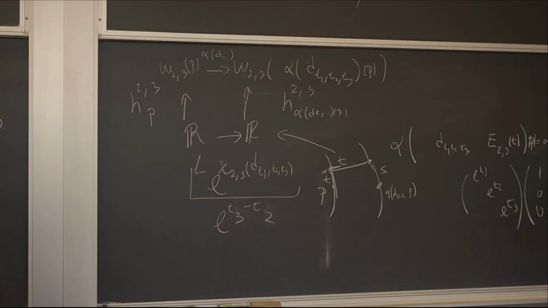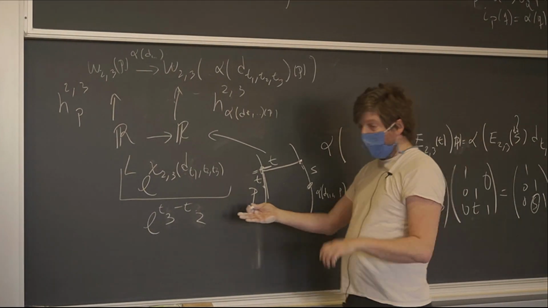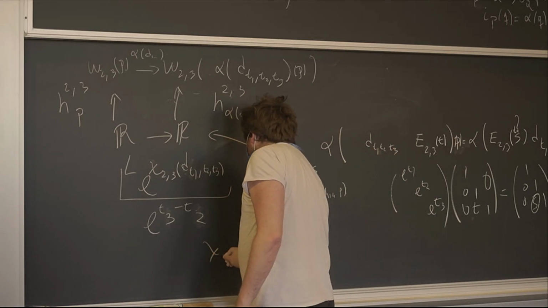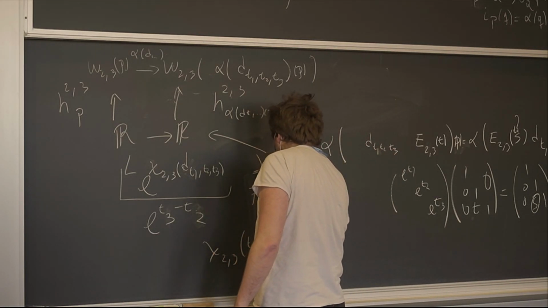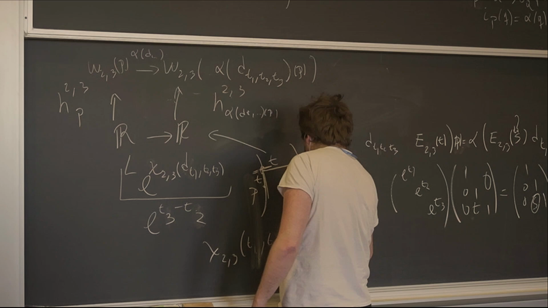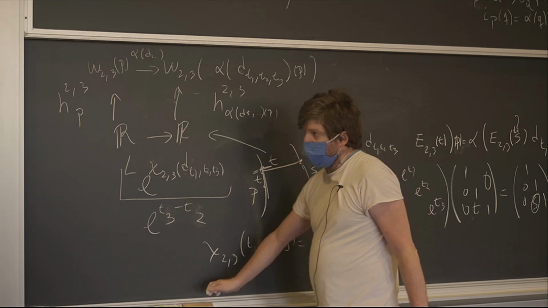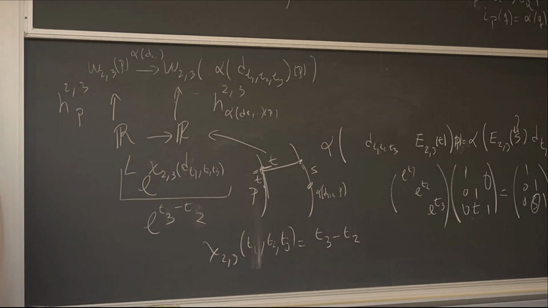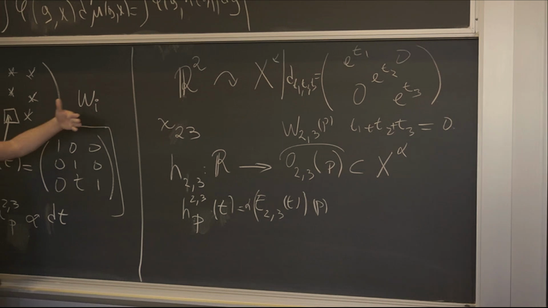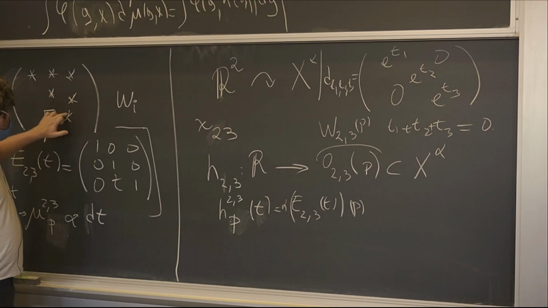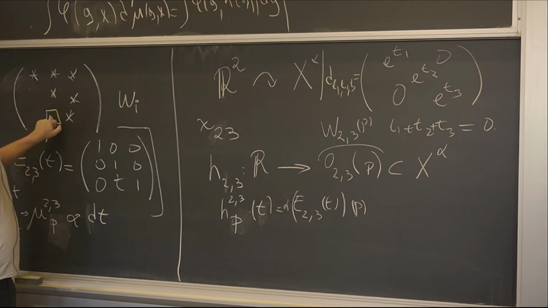Okay, anyway, but this multiplication by this number, which is this chi 2, 3 of t1, t2, t3, which is t3 minus t2. And actually, in all this picture, I have the other Lyapunov exponents and the other invariant directions, which correspond to each of the stars out here, with the corresponding Lyapunov exponent.